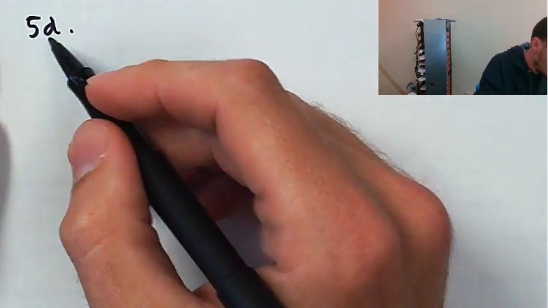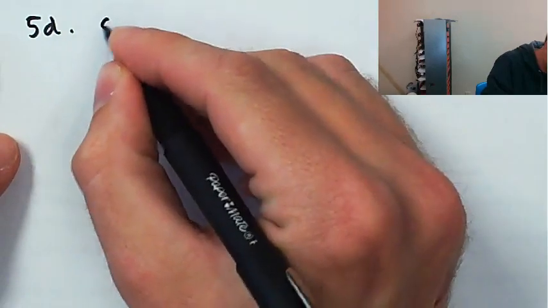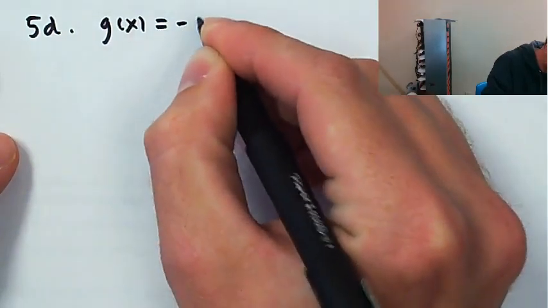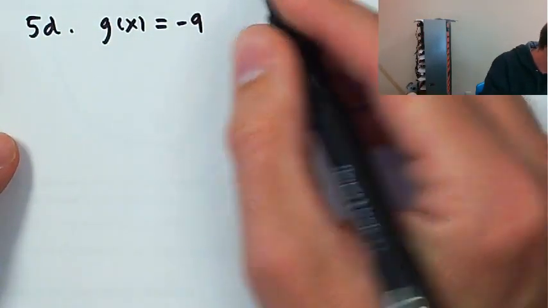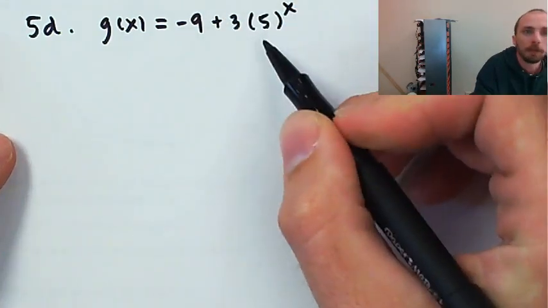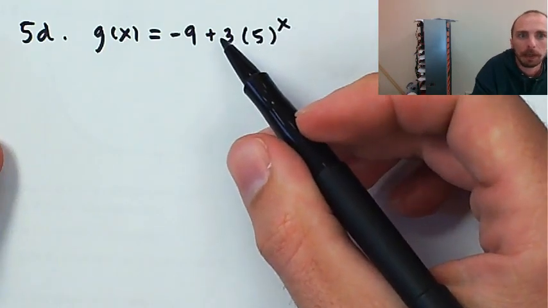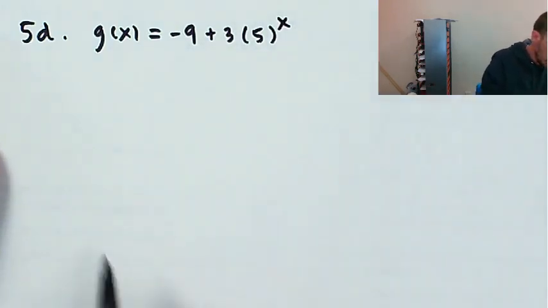All right, so 5D. The function was g of x equals negative 9 plus 3 times 5 to the x. Okay, so this 5 to the x is exponential growth. It's 3 times as big. And then I'm going to subtract 9.